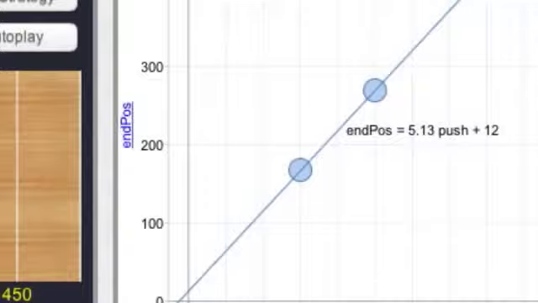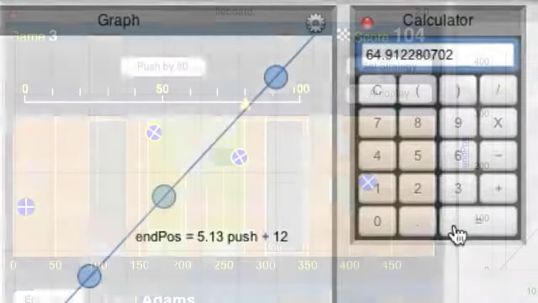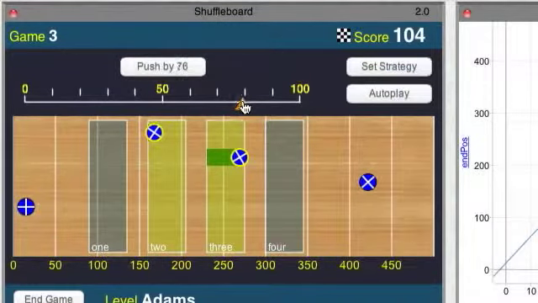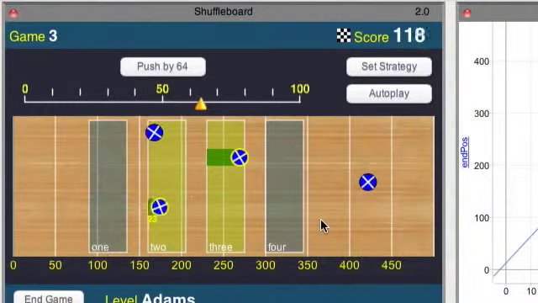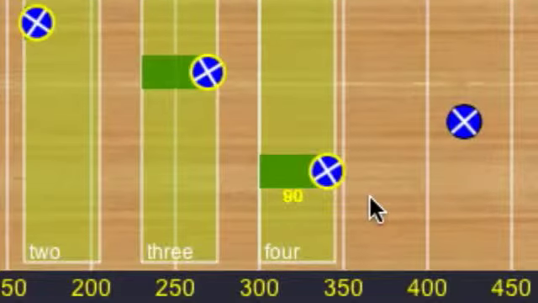In this equation, I want push, so I take that 345, subtract 12 to get 333, and divide that by 5.13 to get 64.9. I can't enter a decimal, so I use 64, not 65, since I don't want to overshoot. Sure enough, I get 90 points.